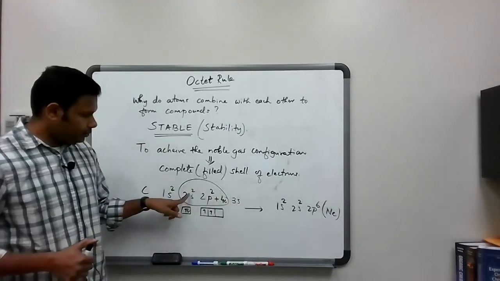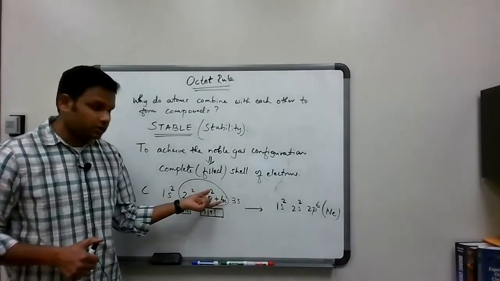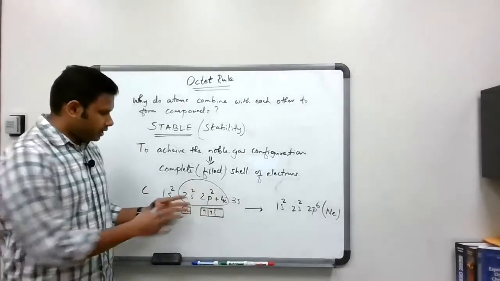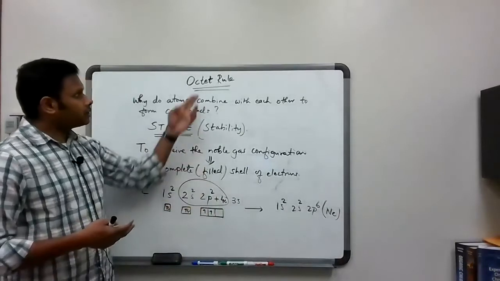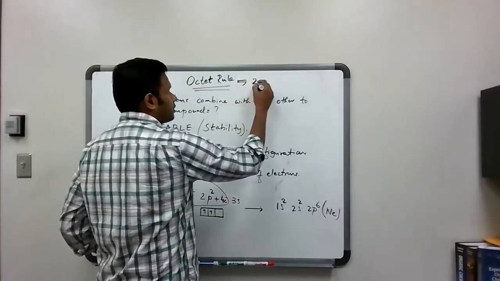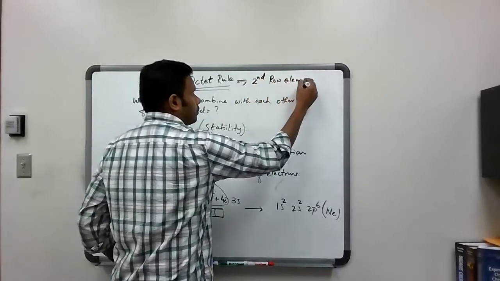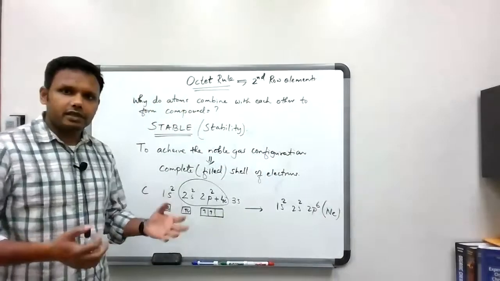You have 2 electrons in the s orbital, and you could have up to 6 electrons in the p orbital. So this rule, because that number turns out to be 8, it is called the octet rule for second row elements. Okay, so this is for the second row elements.